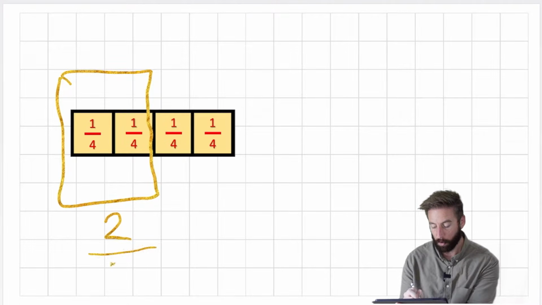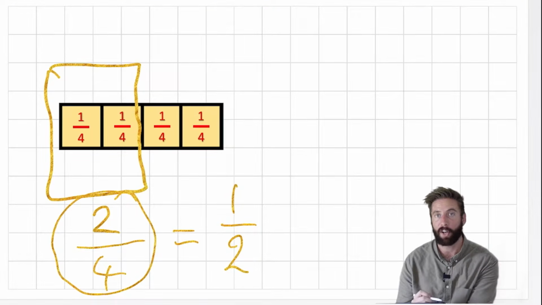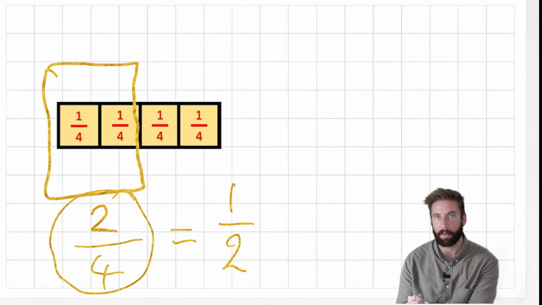So here we have 2/4, but it has the same value. So just because it looks different, this 2/4 is the same value as 1/2, and therefore that makes it an equivalent fraction. So an equivalent fraction is basically just a fraction that looks different, which has been split differently, but has the same value. Okay.